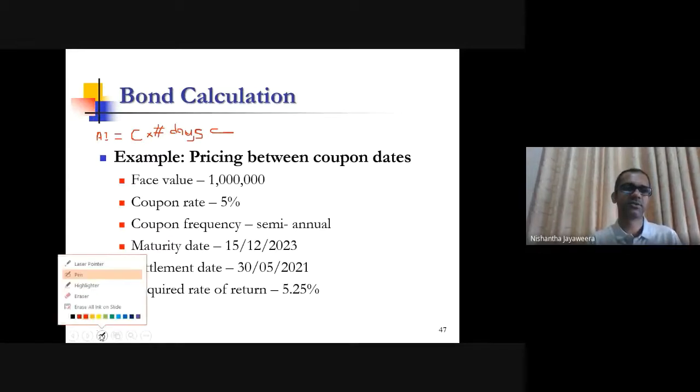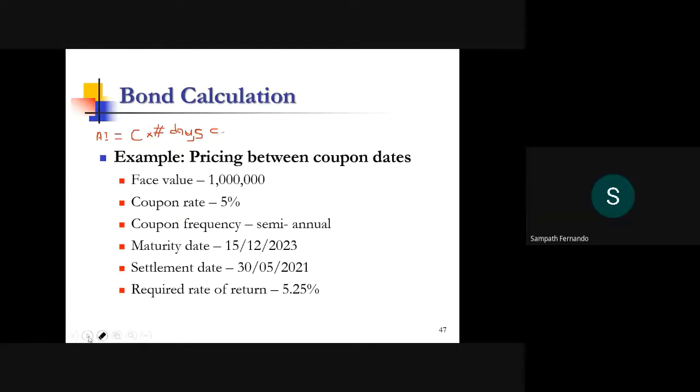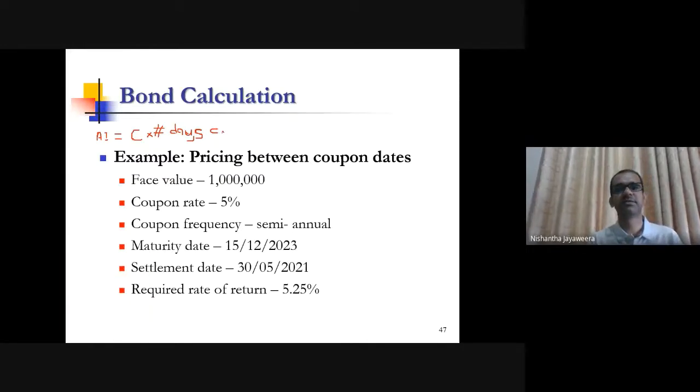Is that all? Divided by the current coupon period. What does it mean, current coupon period again? Coupon frequency. Yes.